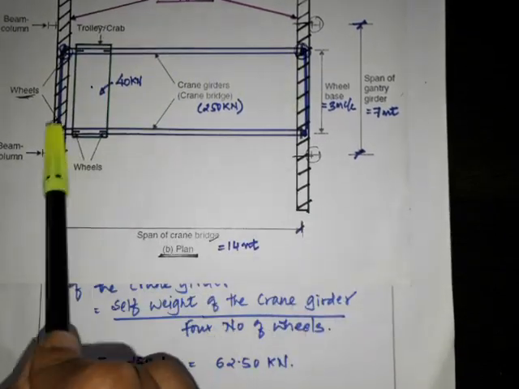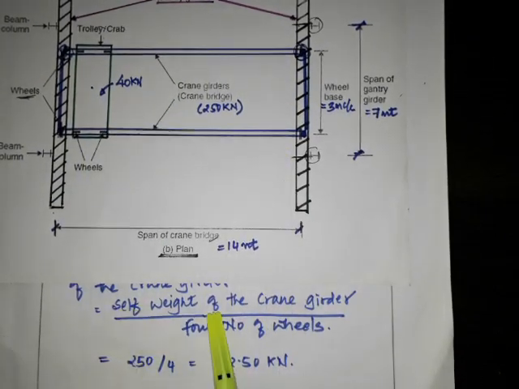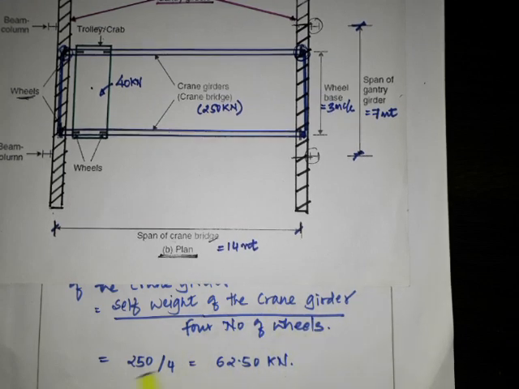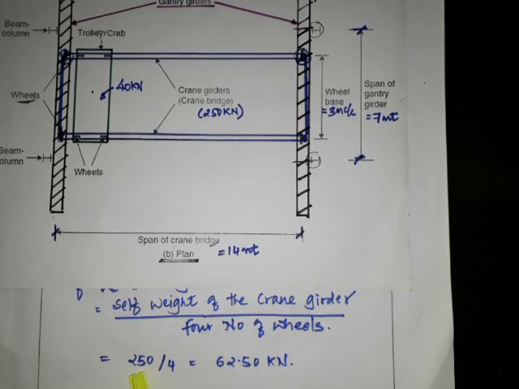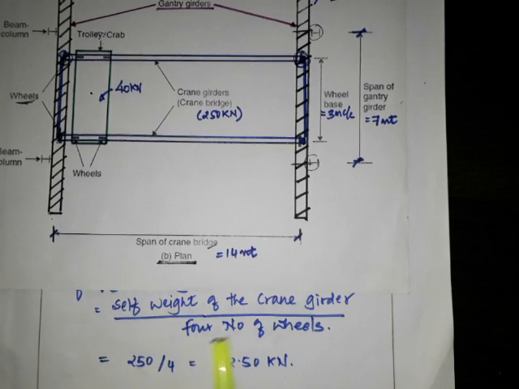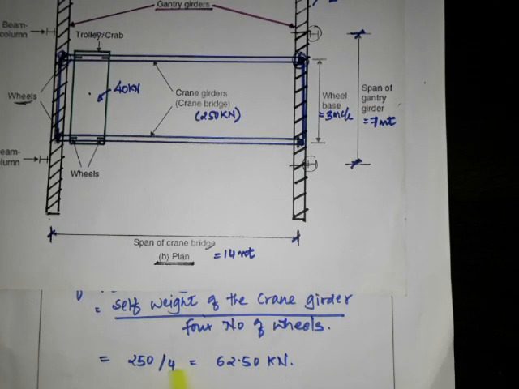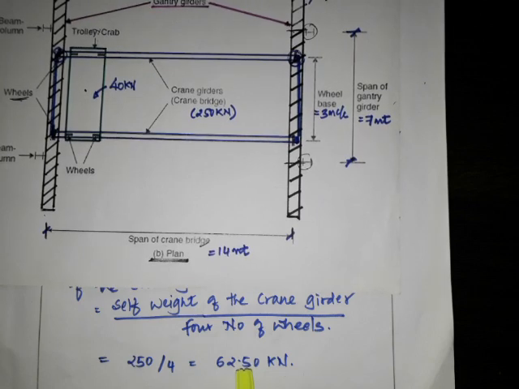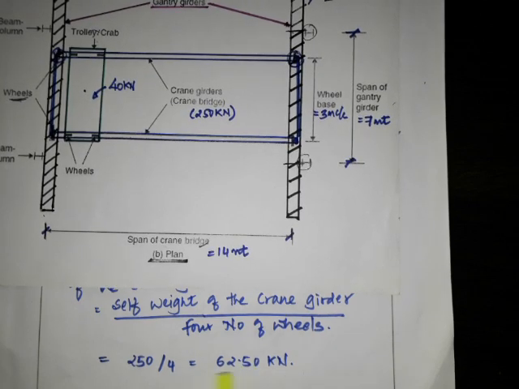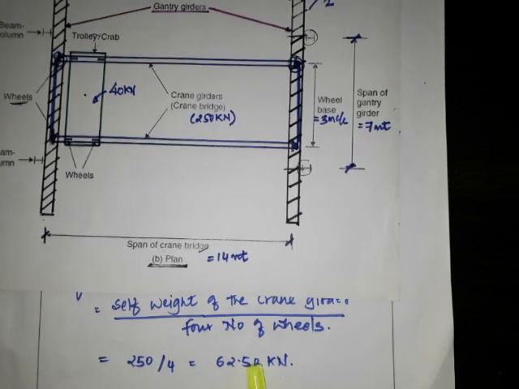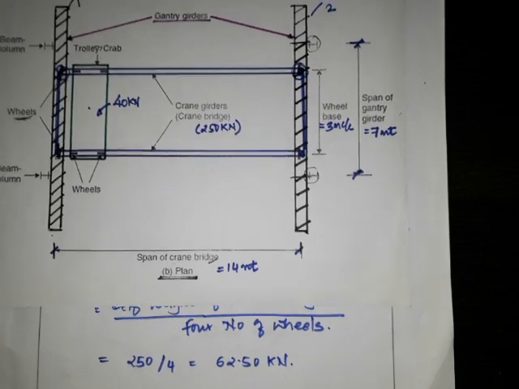So 1, 2, 3, 4 wheels. So self-weight of the crane girder divided by 4 number of wheels. It is given in the problem, the self-weight of the crane girder is 250 divided by 4 number of wheels. So the self-weight of the crane girder transferred through a single wheel is 62.5 kilonewton.